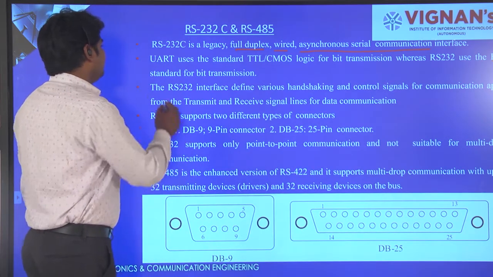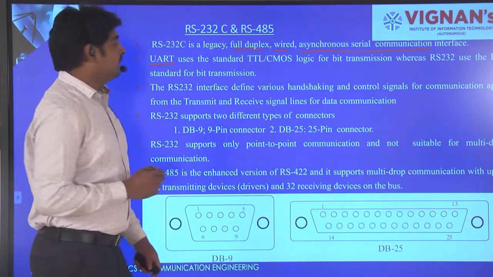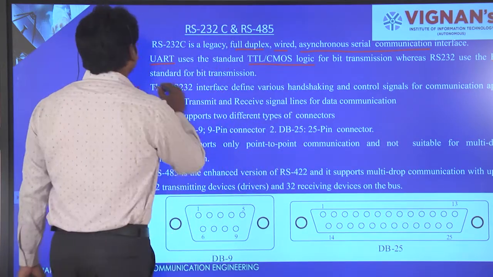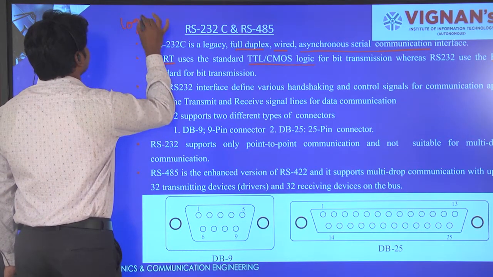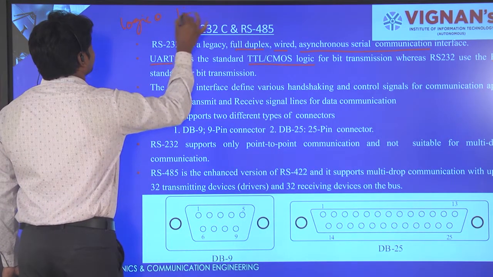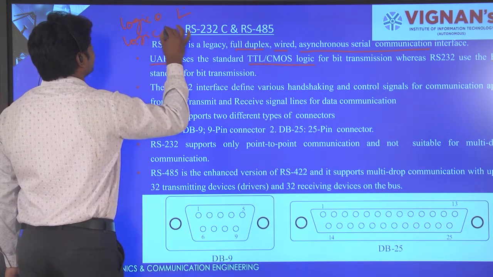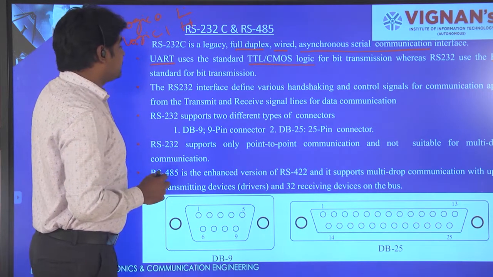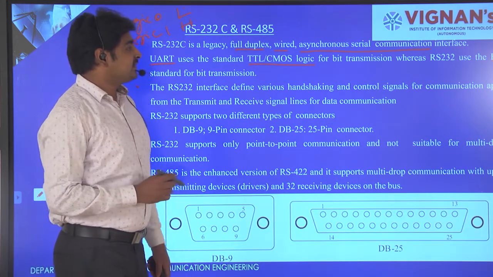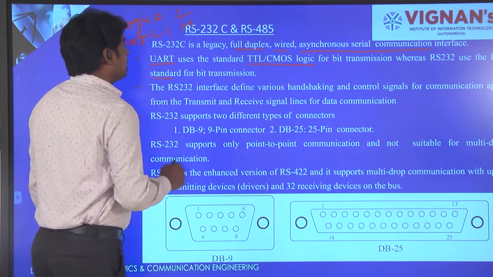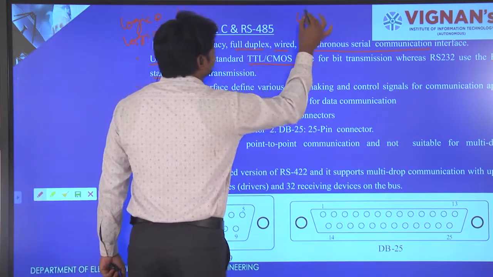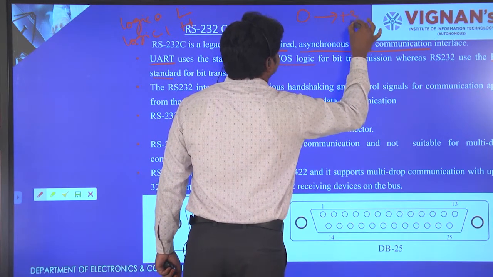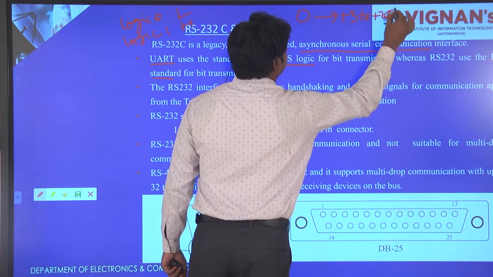Now if you take UART, it is standardized by TTL or CMOS logic, where logic 0 is represented by low voltage, and logic 1 is represented by high voltage. Whereas the RS-232 interface uses the EIA standard, where logic 0 is represented by voltage plus 3 to plus 25 volts.